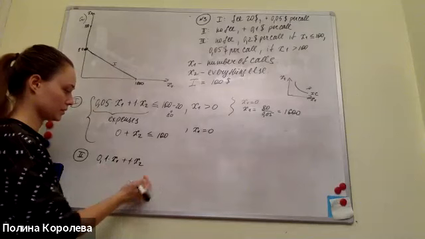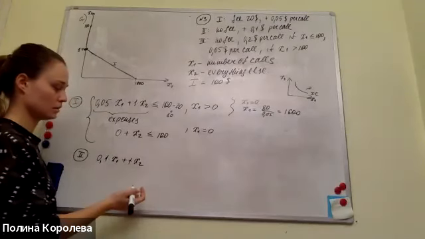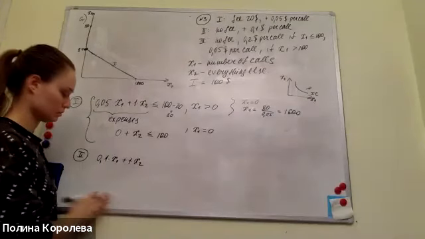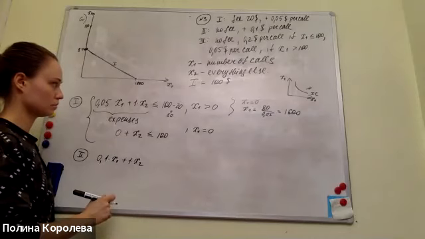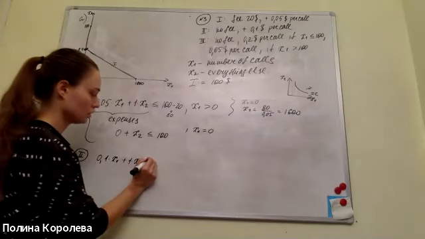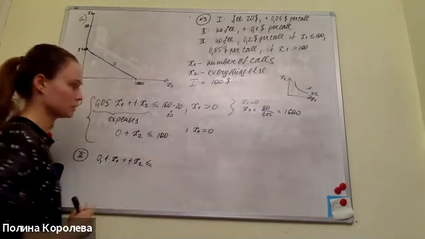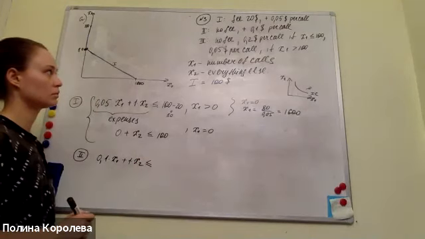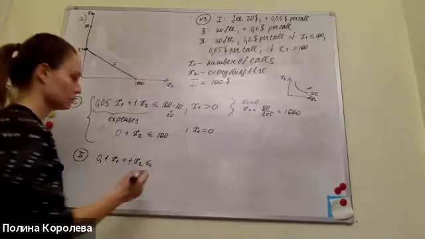These are all my expenses, and they should be less or equal than how much? 100. Yes, it's all my income and we have no fee.